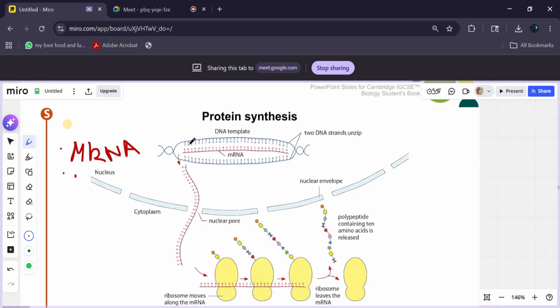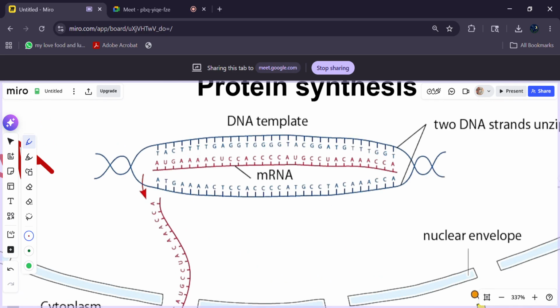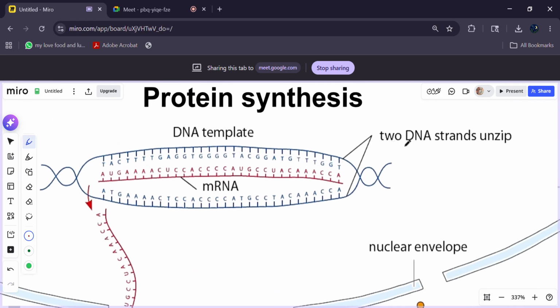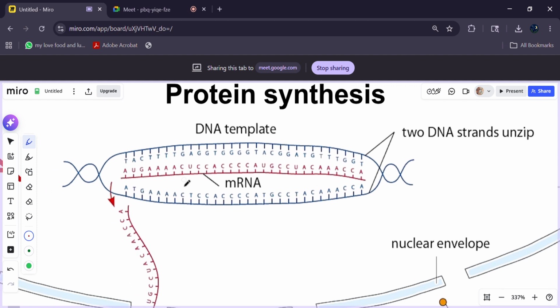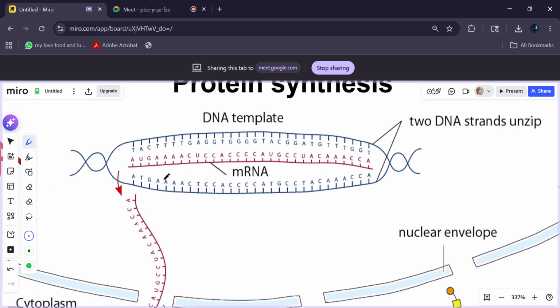This diagram shows the DNA template. There are two DNA strands unzipped, and the synthesis of mRNA in the nucleus. The region of DNA carrying two genes unwinds and unzips. The two DNA strands are separated, as shown in the diagram.